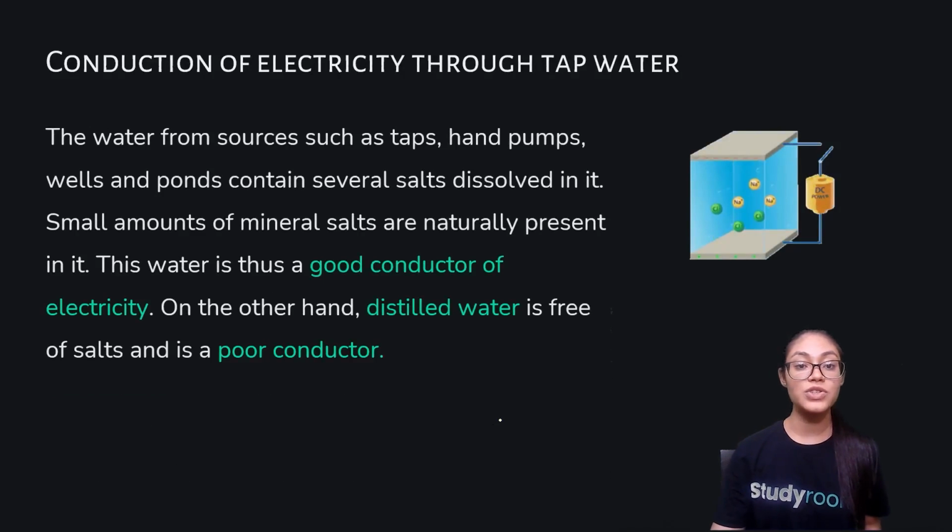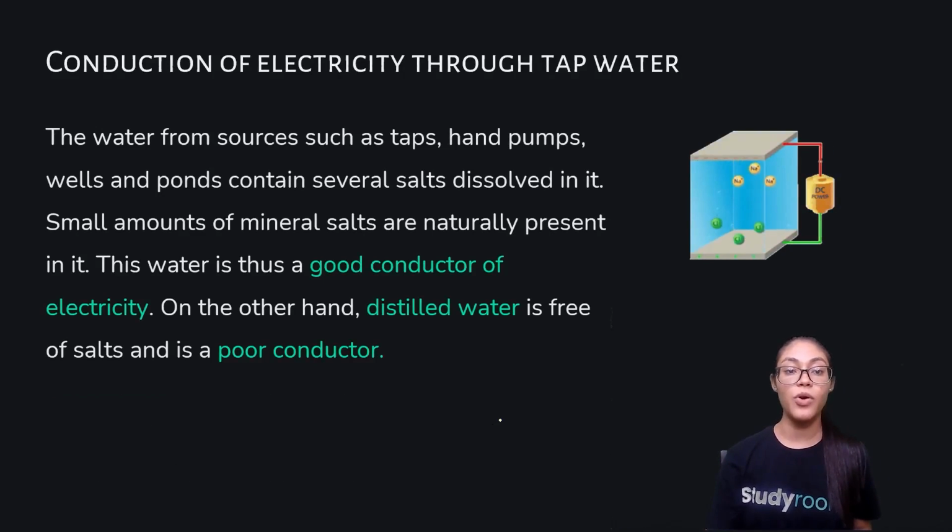Now, conduction of electricity through tap water. The water from sources such as taps, hand pumps, wells, and ponds, from where we get the water supply, contains several salts in it. Small amounts of mineral salts are naturally present in it.